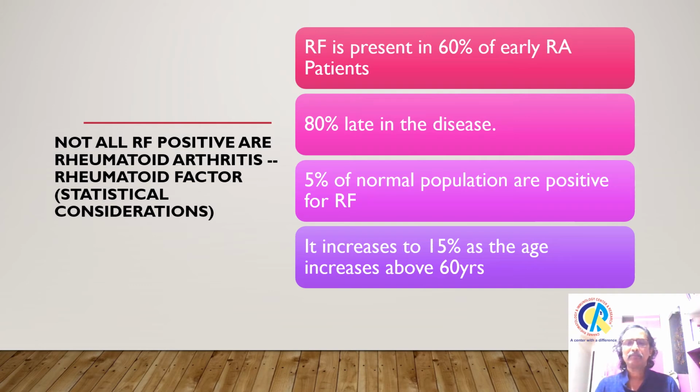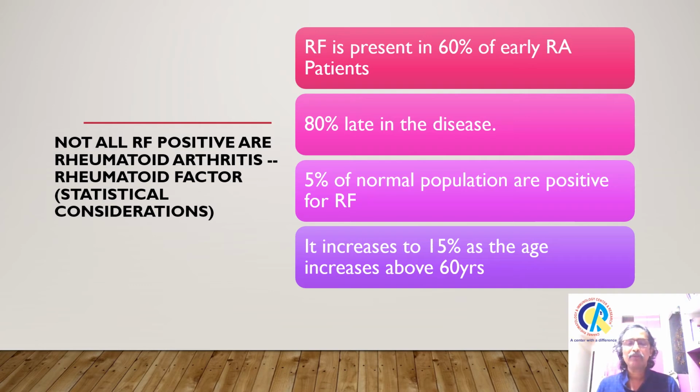The other problem we need to remember is that 5% of the normal population is also positive for rheumatoid factor. So if we take only rheumatoid factor without considering the clinical symptoms, we may misclassify 5% of the normal population as suffering from rheumatoid arthritis.